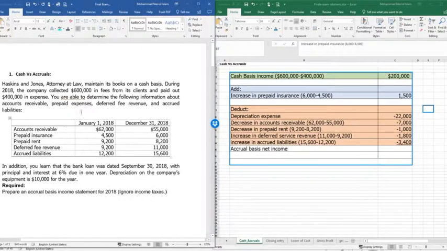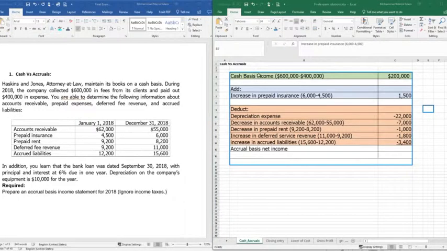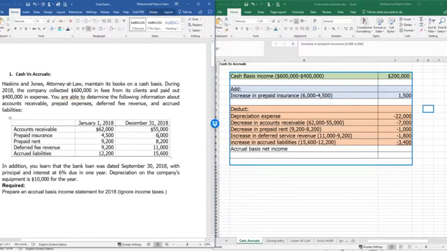Okay, let's start with cash basis net income, that is 600,000 received minus 400,000 cash payment. So we have 200,000, and add the increase in prepaid insurance. See how we record the increase in prepaid insurance: prepaid insurance was 4,500, and now it has become larger.